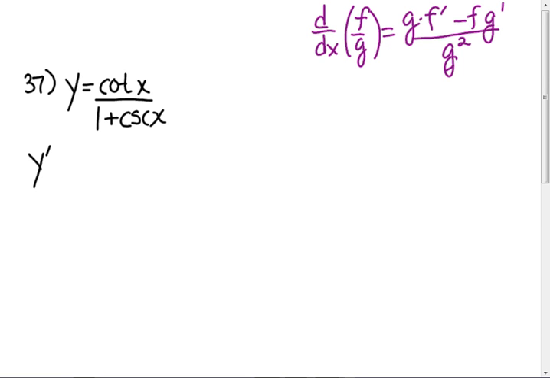And here's the thing you're going to like about this: we're not going to simplify this. So we're going to start with the denominator. And then we have to do times the derivative of the numerator. Now, I never remember cotangent, but I do remember all the cofunctions are negative.